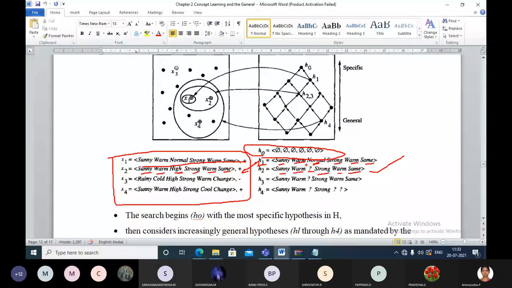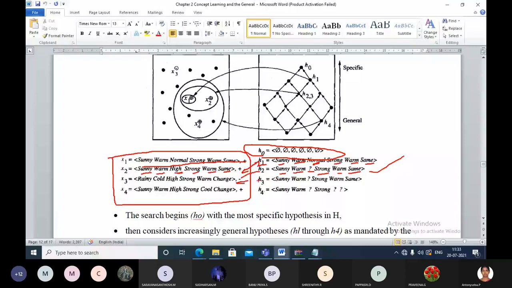Now can you compare this hypothesis H2 with the third data instance? You cannot compare because this is a negative instance, and our Find-S algorithm considers only the positive cases, right? So better you compare H2 with the next instance, X4.